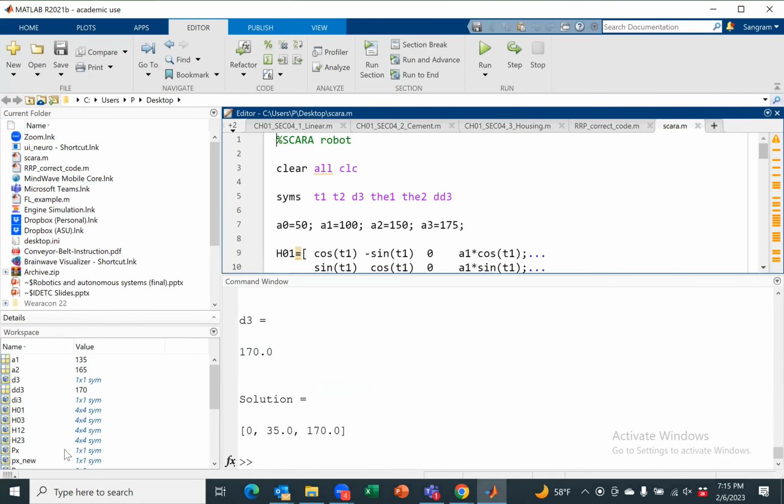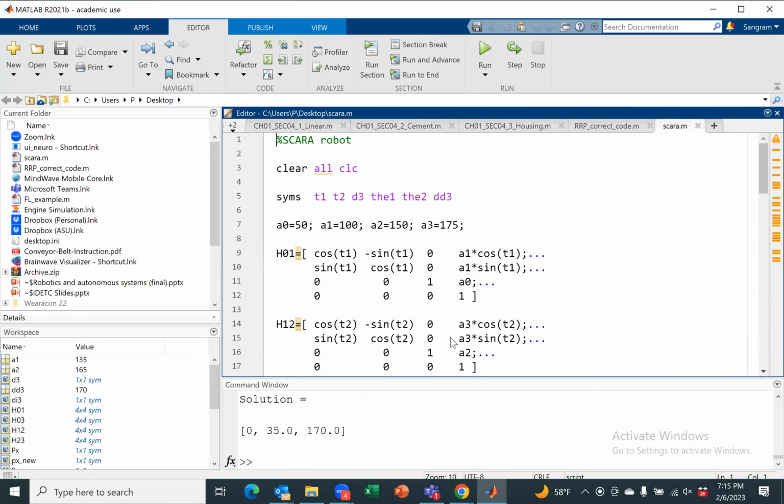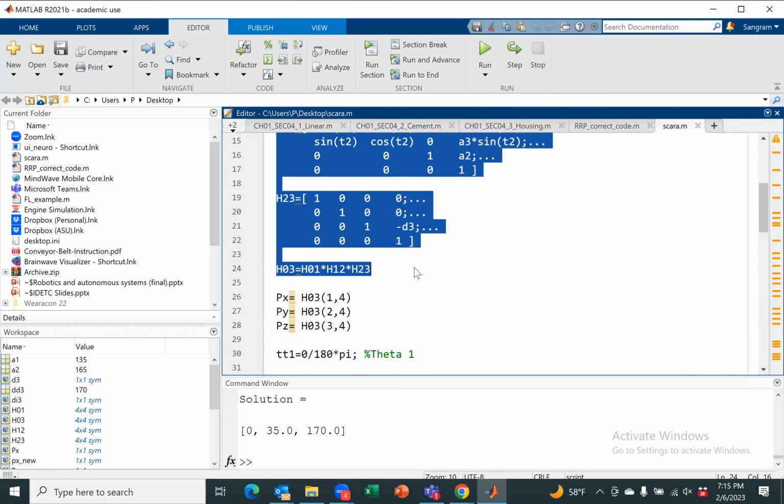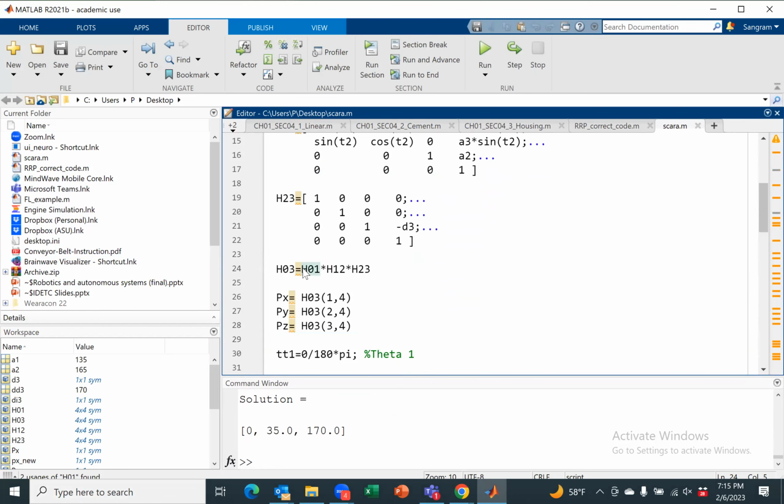open the SCARA robot, and then what you will have is H0, H1, H2. At the end, what I want you to do is graph from here to here. And basically what you will have to do is say simplify here, otherwise you are not going to get a clean and nice equation.